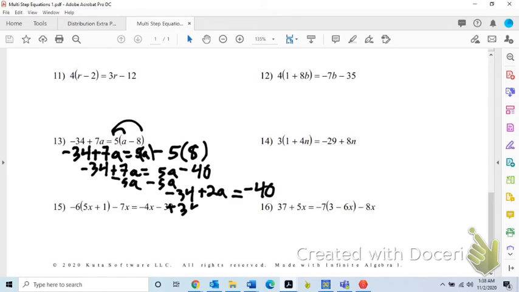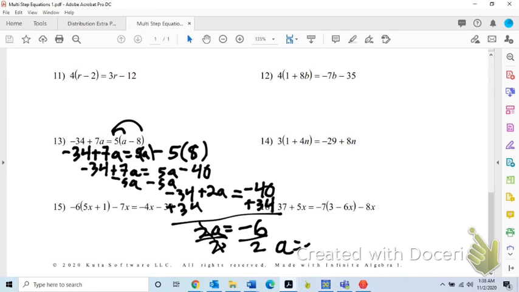We add. So 34 minus 34 is 0. The 2a comes down. And then we have negative 40 plus 34. So that's the same difference as 40 minus 34, or 6. But because the 40 is bigger, we're going to go with a negative 6. Divide both sides by 2. And we get a equals negative 3.